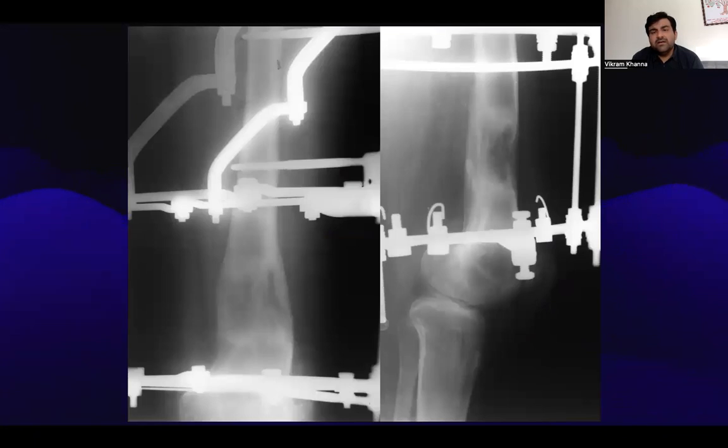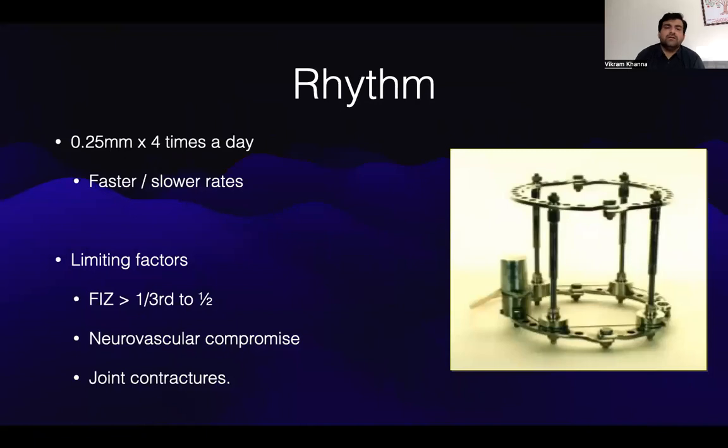This will eventually go for curettage and bone grafting. So the rhythm is 0.25 mm 4 times a day. And again, we have already discussed the faster and slower rates. That depends basically on the amount of regenerate thickness which is being formed.